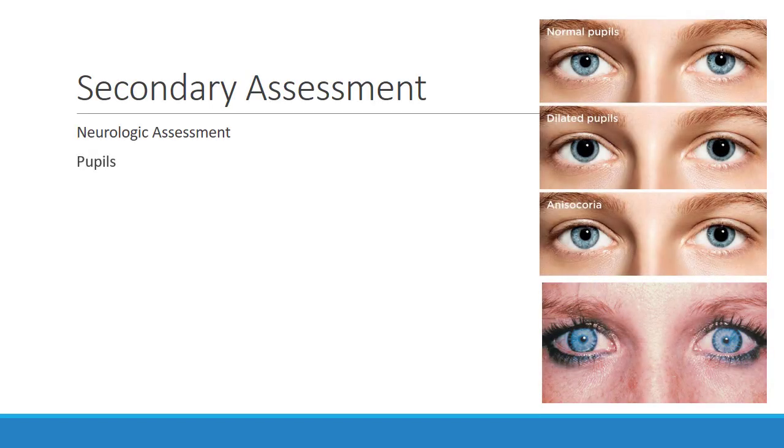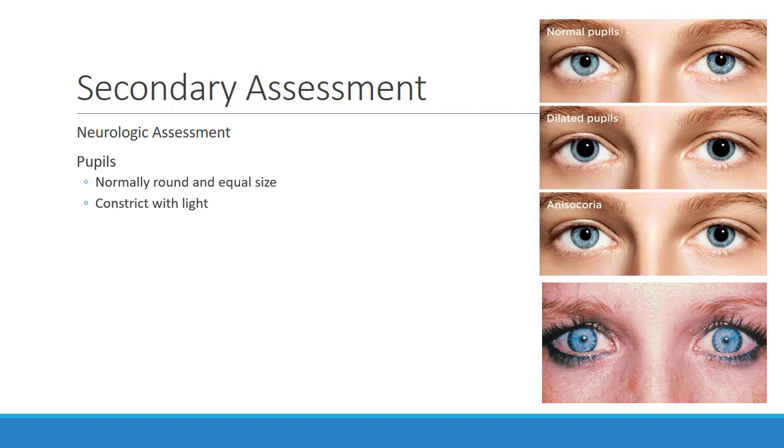So as we continue on looking at the neurologic assessment, we look at pupils. So again, it's important to know what normal pupils are. The pictures here show different types of pupils. Pupils are normally round and equal in size. So the top picture here, you see those pupils are equal and round.